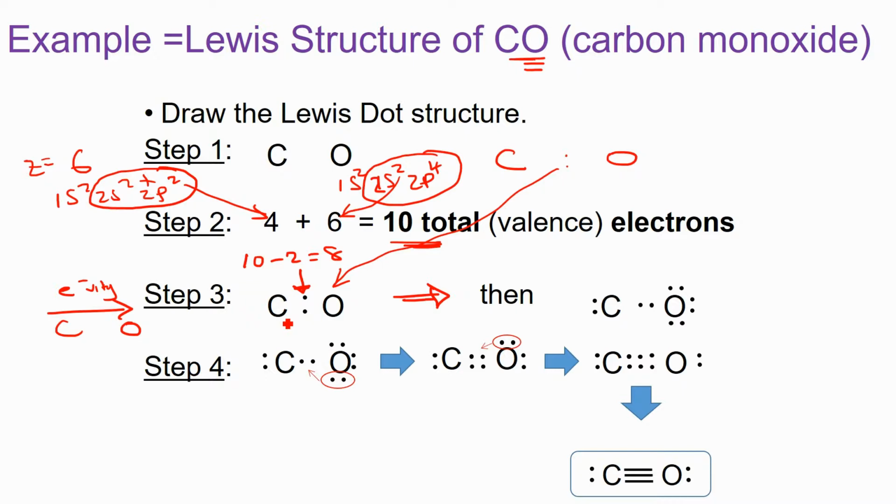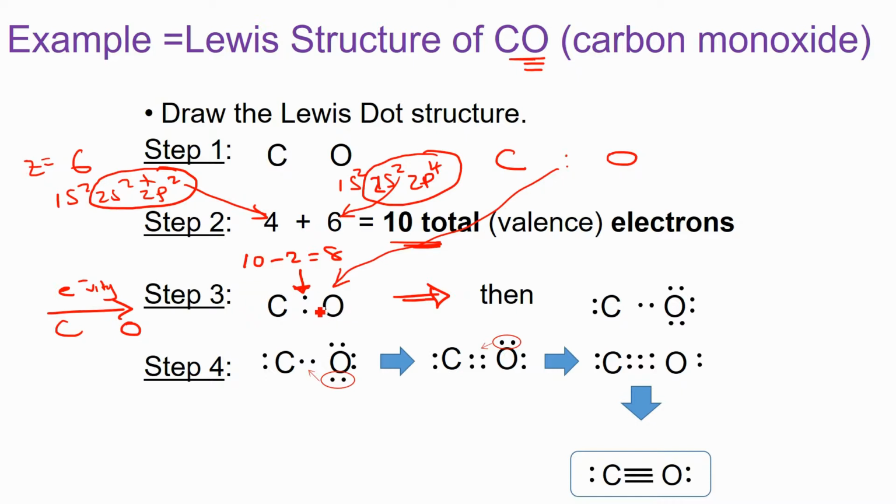Right now, carbon has 2 electrons, oxygen has 2 electrons, they're shared, right? So to make the oxygen octet, it being electronegative, it should receive the electrons first before the carbon.